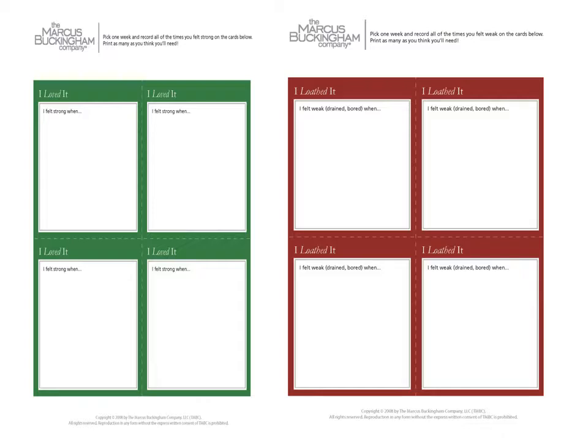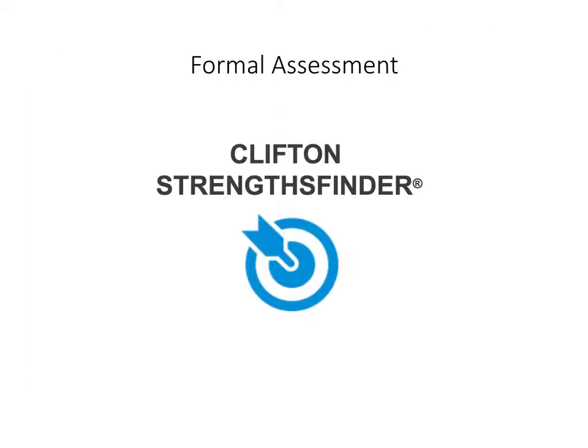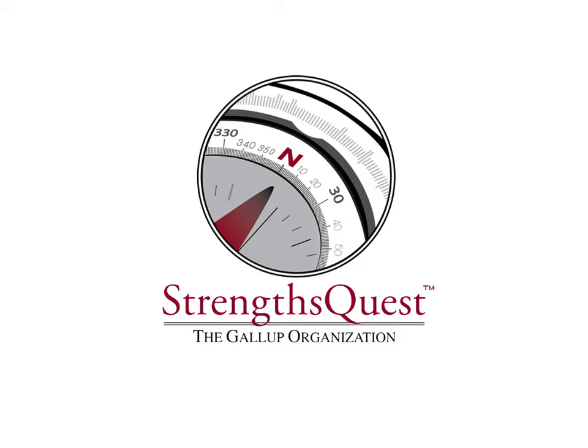identify your talents and strengths is through formal assessment. And we can do this by completing the Clifton Strengths Finder or Strengths Quest. These are the exact same test, just 2 different names for the exact same test. This is a web-based talent identification assessment evaluation tool.